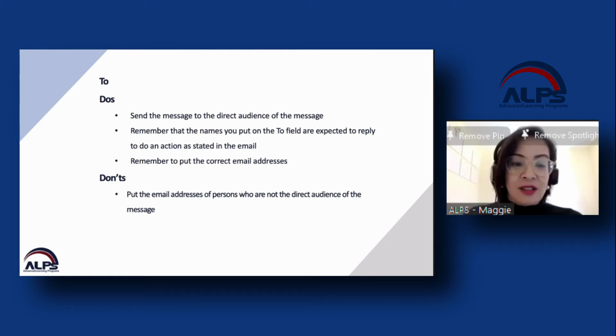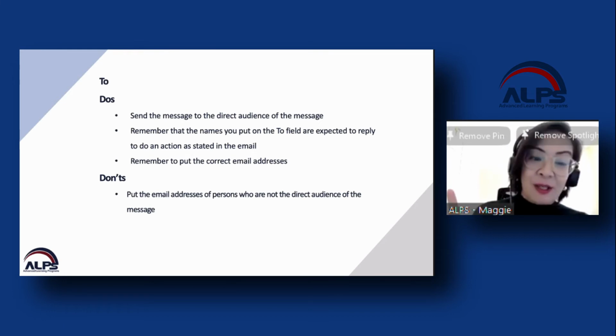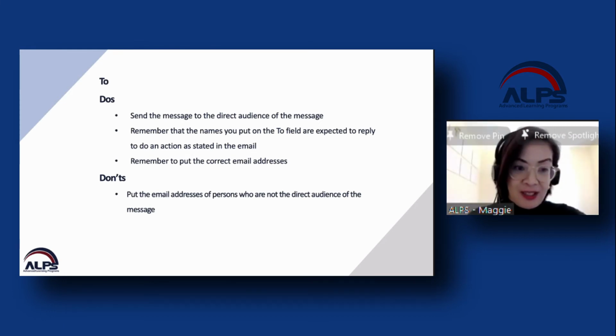My question is this. Do we have similar emails in row 7? Meron ba tayong similar email addresses? Like for example here. So my name is Maggie Agustin, right? I used to work for a company, and my email would be M.Agustin, right?